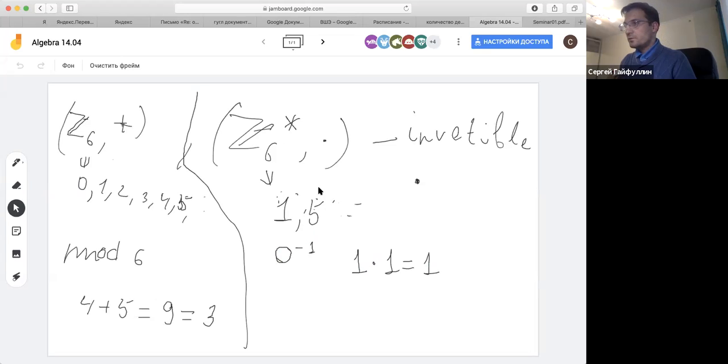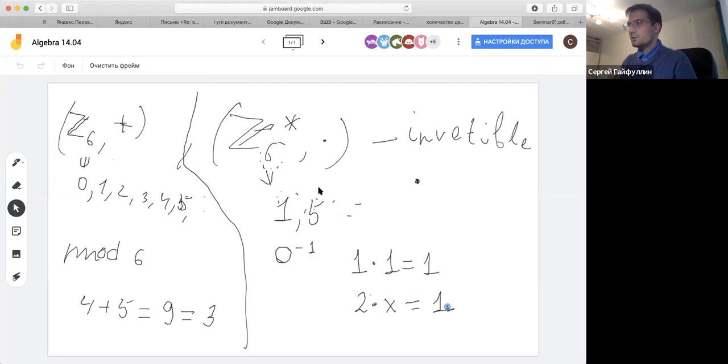If we have 2, it has no inverse element because 2 is an even number, and the modulus is even. So we can't multiply 2 with some number and obtain the unit here.